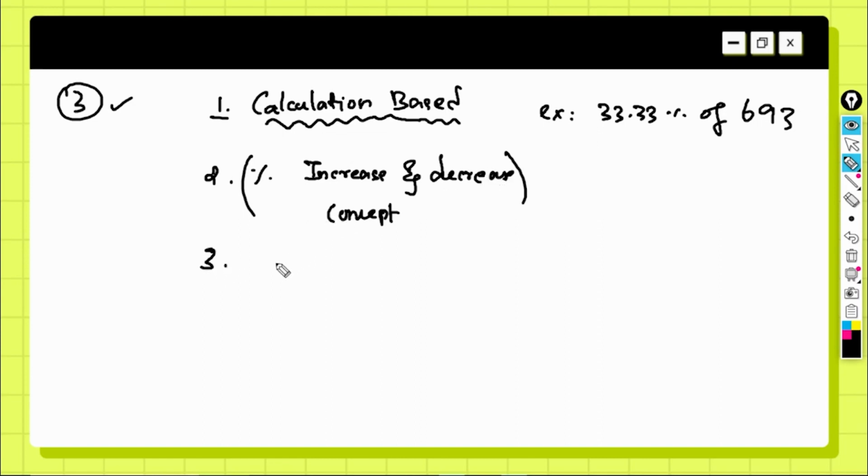Okay. Third is percentage successive increase decrease problems. So these are the three main concepts, or three important concepts, in percentages.